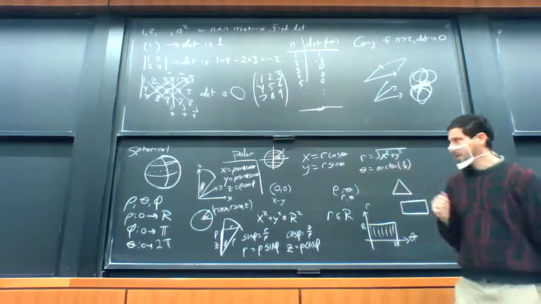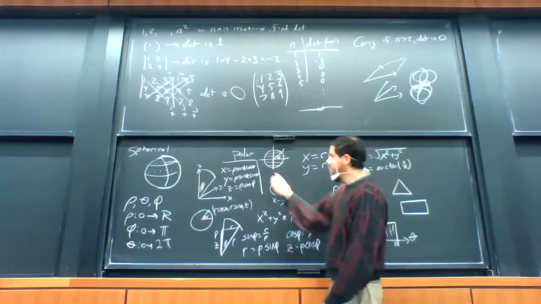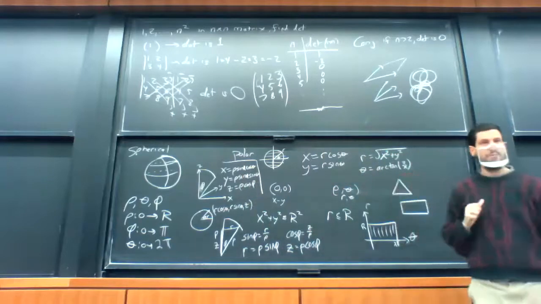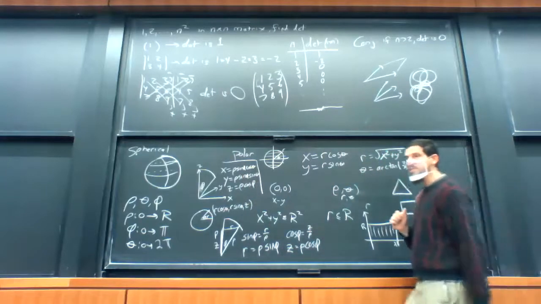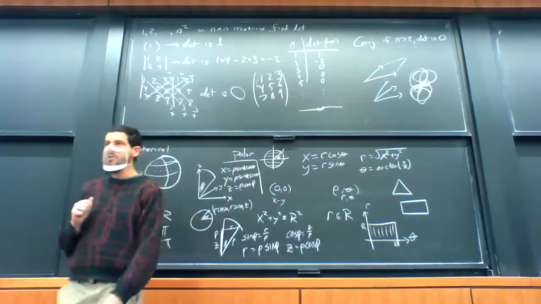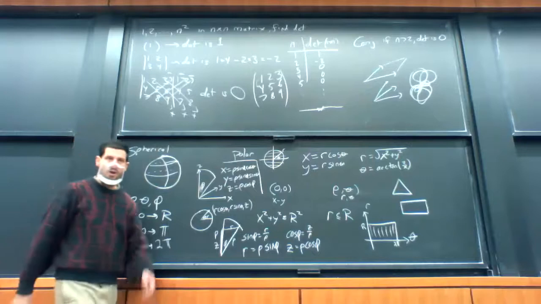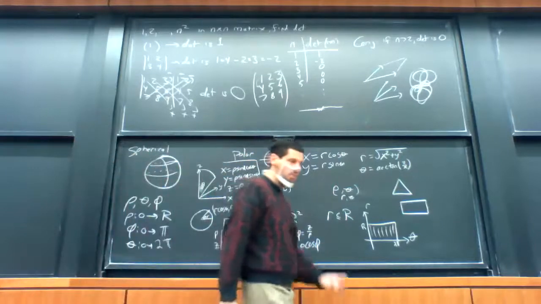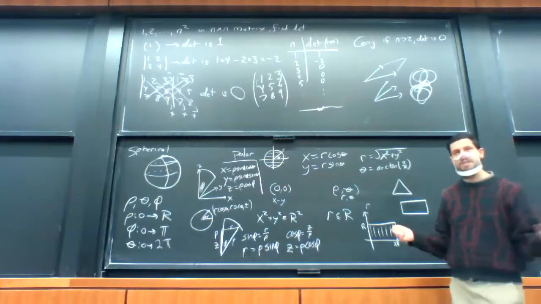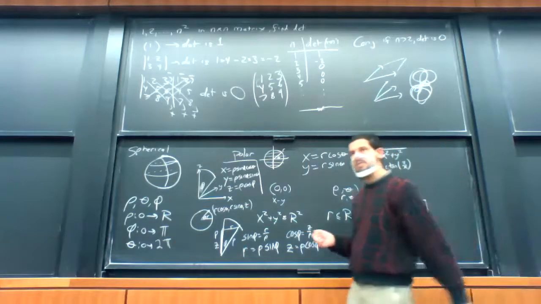So among the things that you just need to memorize, you need to memorize these transformations. Most of the time, we will study functions that only depend on the distance from the origin. They won't depend on theta, they won't depend on phi. All points that are the same distance away will feel the same thing. Can everybody give me an example of something in life that only depends on your distance from the object?